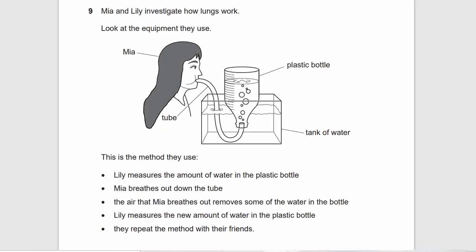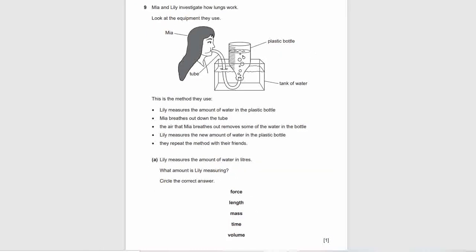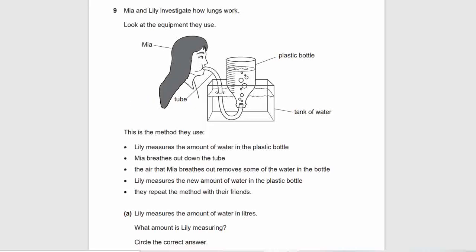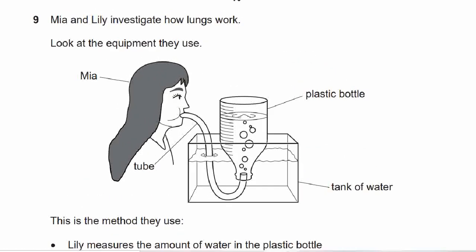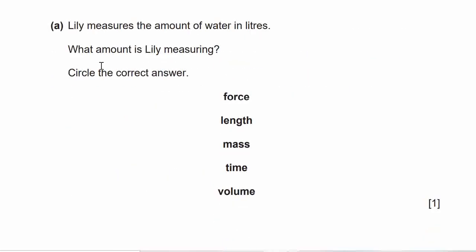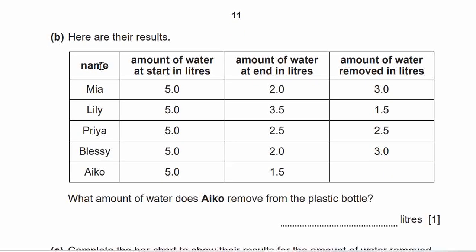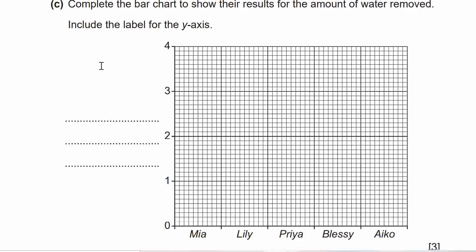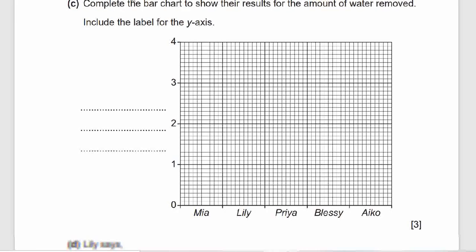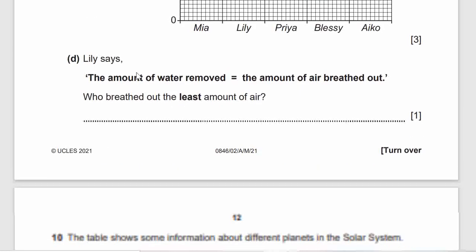Then zoom out. This is 9A, the whole page. This is the question 9A, and let's move to question 9B. And this is question 9C. Next, this is 9D.